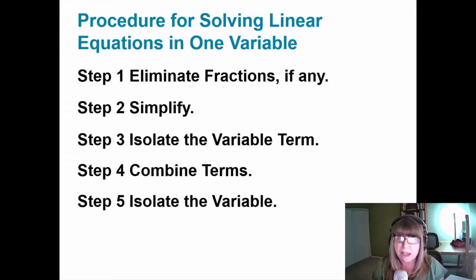Step 3 and step 5 are different. Step 3 is you're isolating the variable term, meaning the value in front of the x and the x combined is going to be on one side of the equation and the constants on the other, versus step 5 is you're actually going to solve for your variable. You're going to get the variable all by itself.